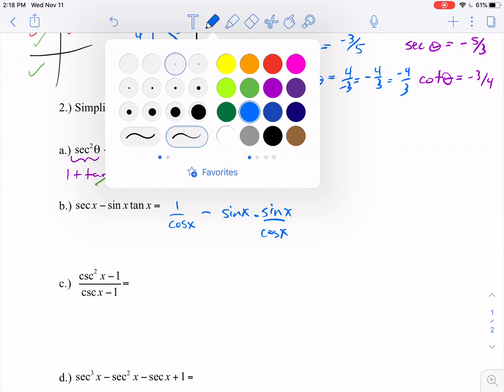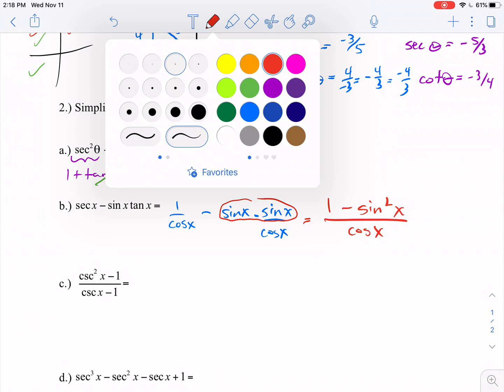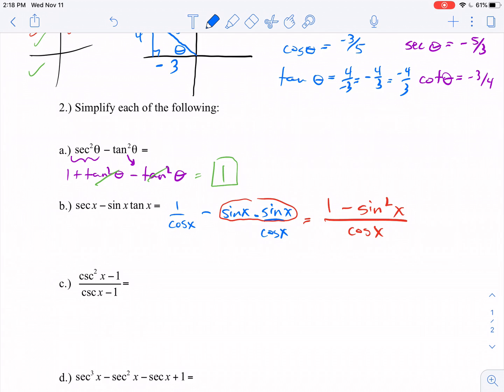And so then when you look at this, notice we have 2 common denominators, and so if you multiply these 2 things together, you're going to have a cosine of x on the bottom. You have a 1 from this numerator, but sine times sine would be sine squared. And then if you look at your Pythagorean identities again, the Pythagorean identity with 1 minus sine squared, you should have learned, was cosine squared.